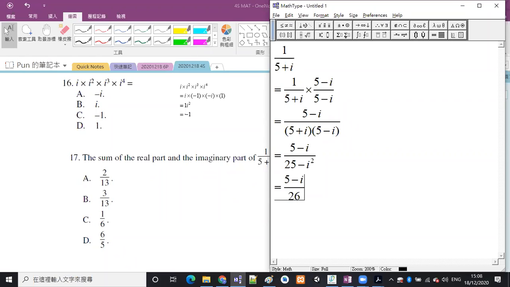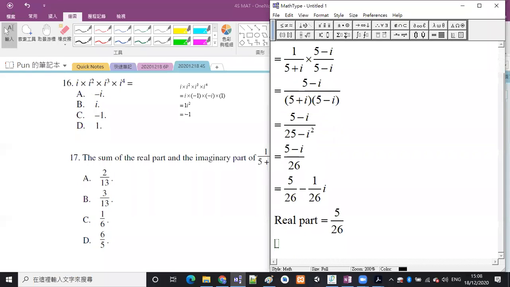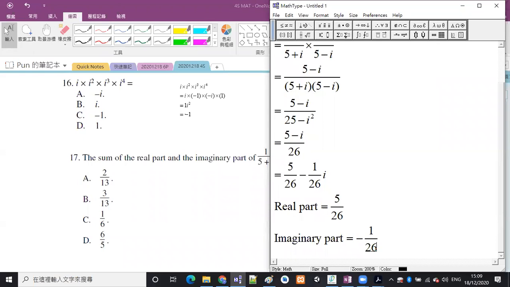And then we need to split the real part and the imaginary part. It's 5 over 26 minus 1 over 26 i. Can you get this? So the real part is equal to 5 over 26. Real part is the no i part. And then the imaginary part is the number attaching to the i, or the coefficient of i, including the negative sign. So -1 over 26.